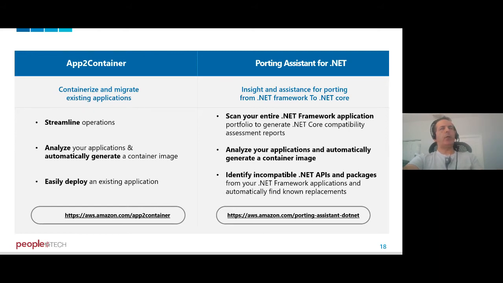Modernization tools and services: what does it mean? A lot of people say, well, I have an application running on-prem today. What can you do for me to make that application better? What are the benefits? The benefits are quite a lot.